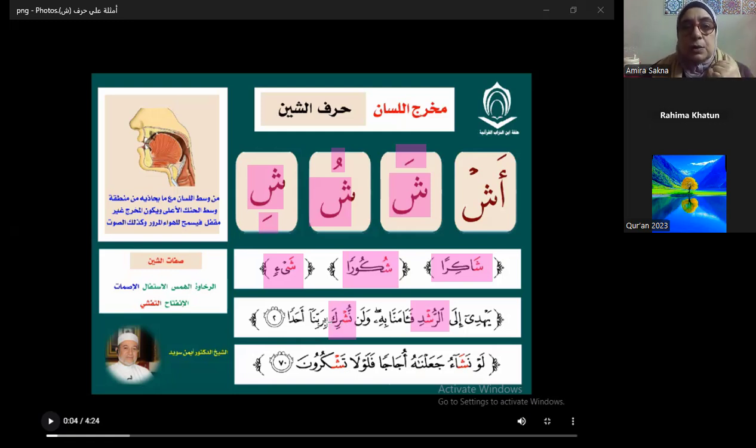I'm exaggerating now so you can notice. Ri, ka, ri, ka. So with kasra, you lower the lower jaw. With fatha, you lower it more. The upper jaw doesn't move.